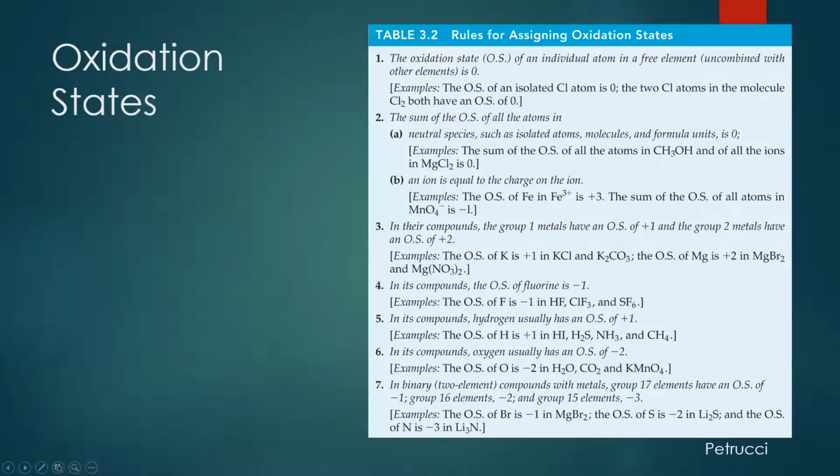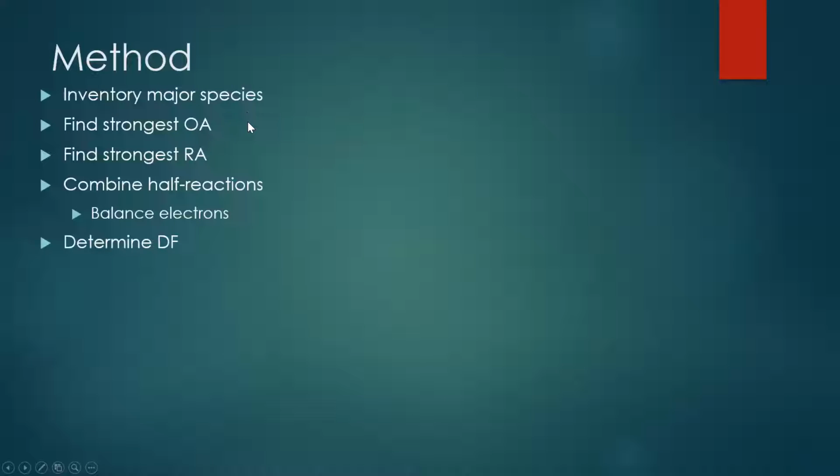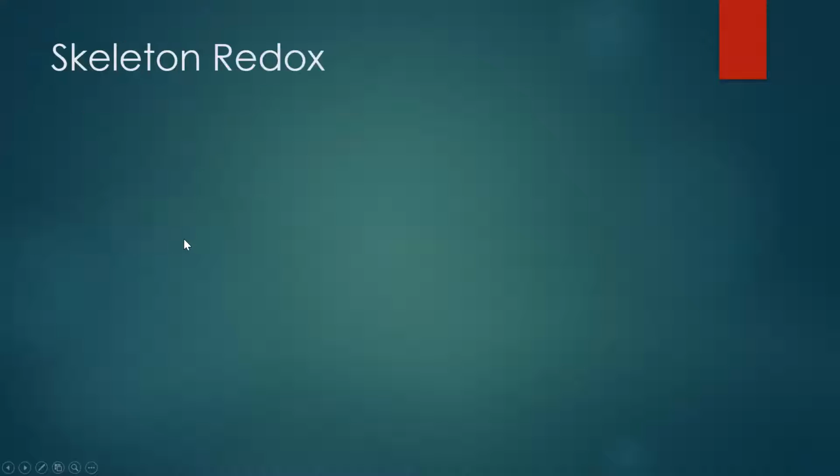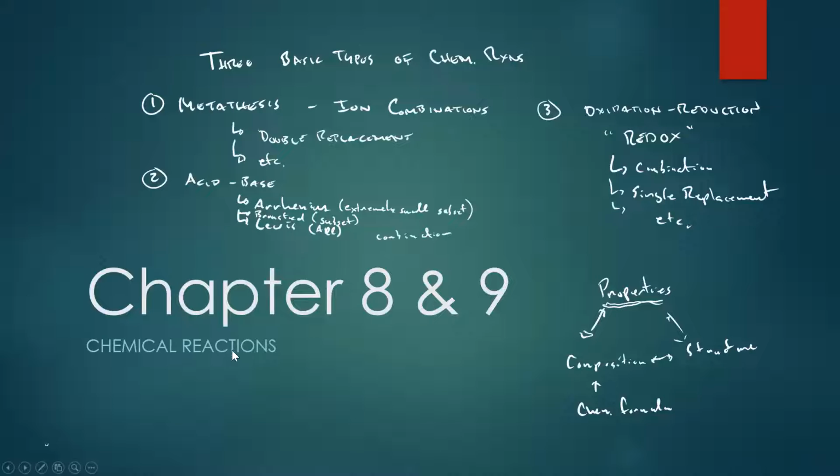Single replacement, pros and cons, oxidation states. This is the chart that we use for the chart method. These are the steps in using the chart method here. Skeleton redox I'll talk about. Boy, that was short. So this is for redox. Let's take a look.